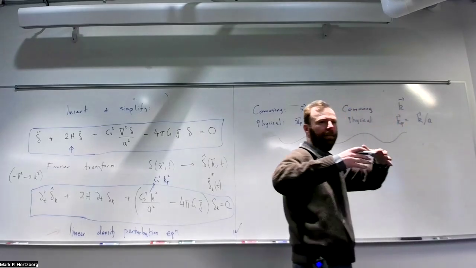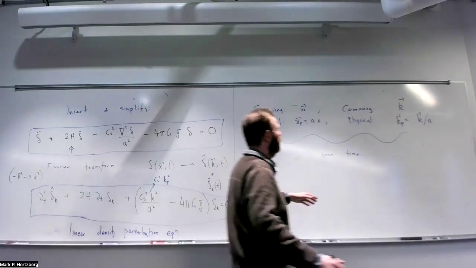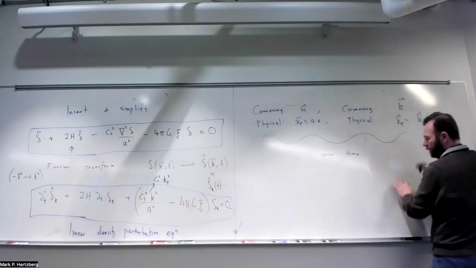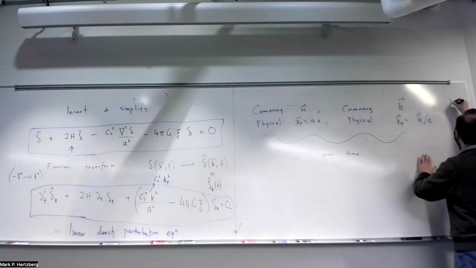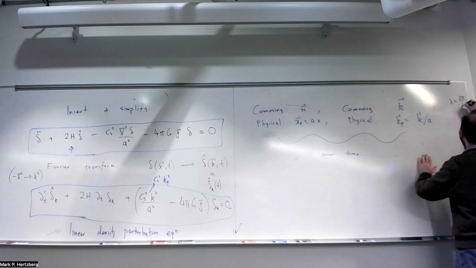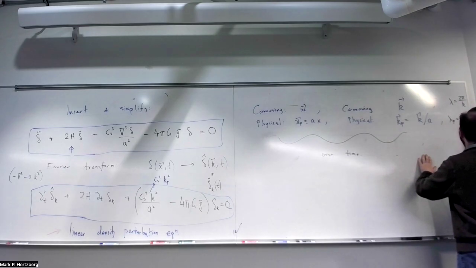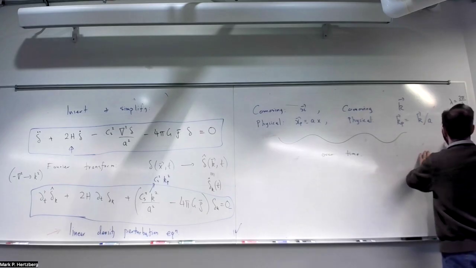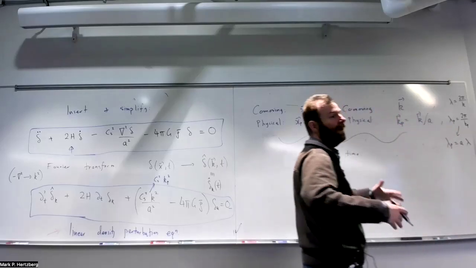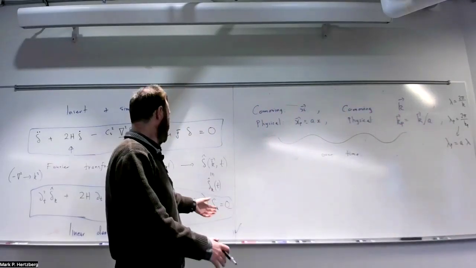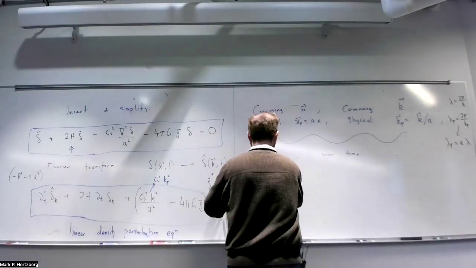The physical wave number is going down, which means the physical wavelength is growing. In terms of wavelength, it's even more obvious. We can talk about lambda, 2 pi over k, and lambda physical, 2 pi over k physical. This tells you that lambda physical is a lambda. Physical wavelengths are just stretching as the physical wave numbers decrease. So over time, this mode here may become something like this.